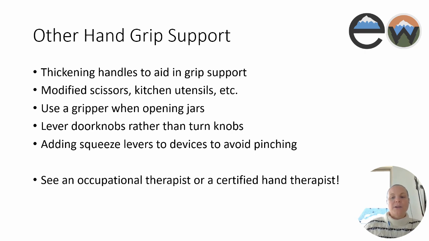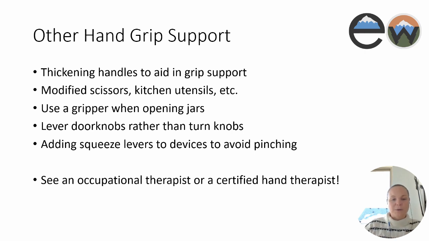But talking about the functional support, so being able to thicken different handles, whether it's in your kitchen or in your bathroom, to just make things a whole lot easier for you. Modified scissors, kitchen utensils, all of these things that they actually make now that come with better supports, better grips. If there's hand problems, especially if they're active and irritated, please use one of the grippers when opening jars.